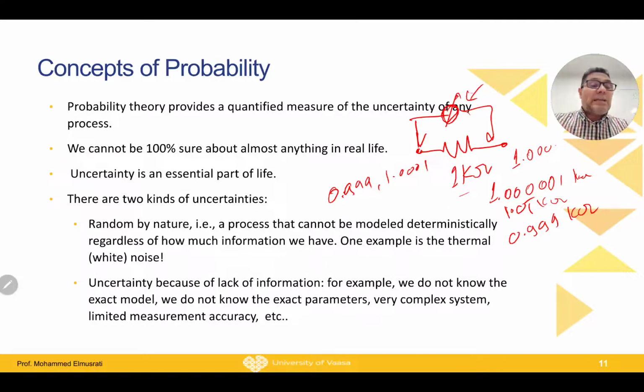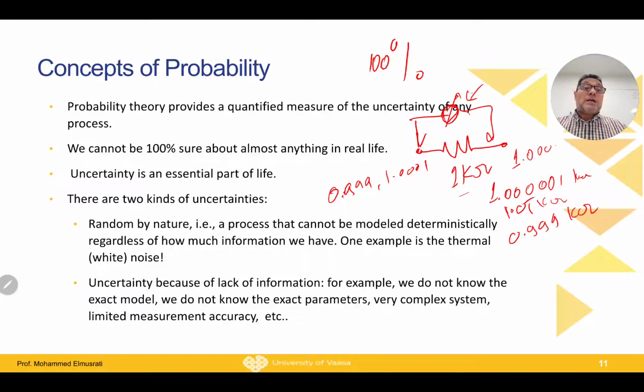So in real life, forget completely about certainty, about deterministic. By deterministic I mean 100% accuracy. This does not exist in life. We might have systems with 99.99%, but we don't have 100% in anything.